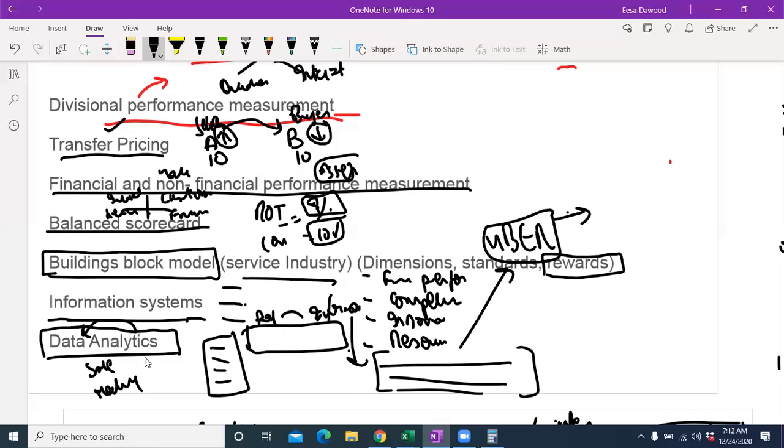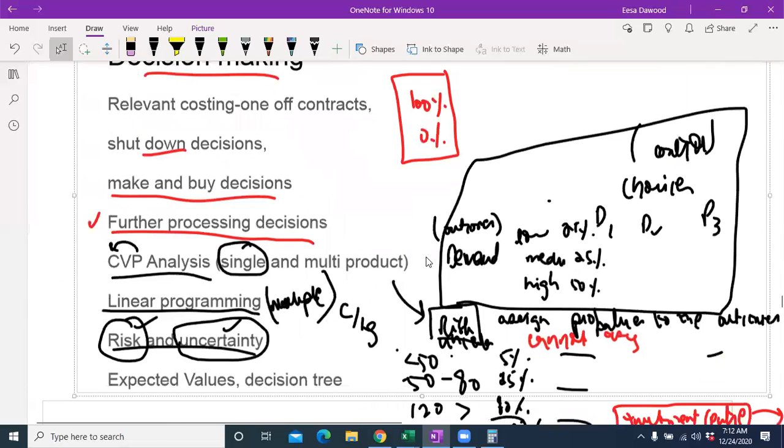By analyzing data, you can get the trends. But there are also disadvantages of data, because maybe a lot of data has no meaning, but you spend cost on it. That we will cover in our data analytics session.